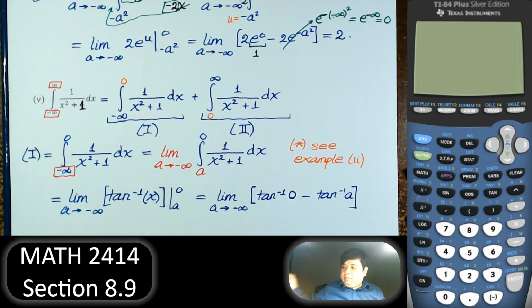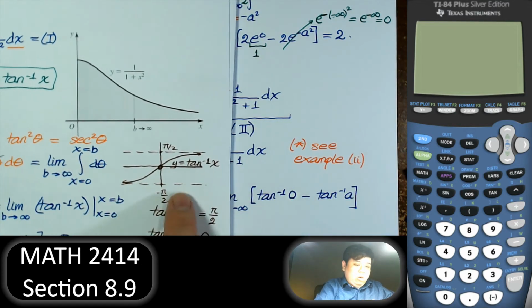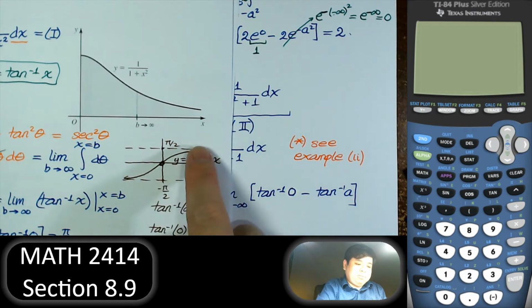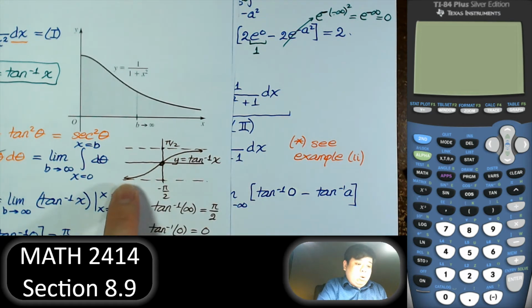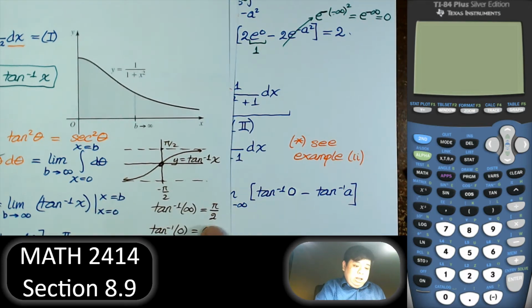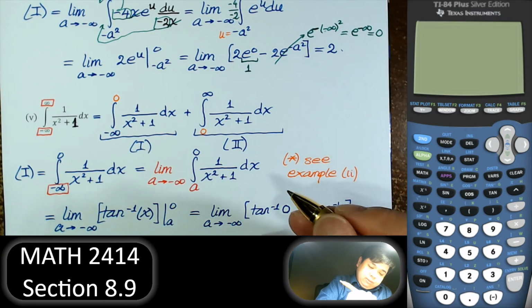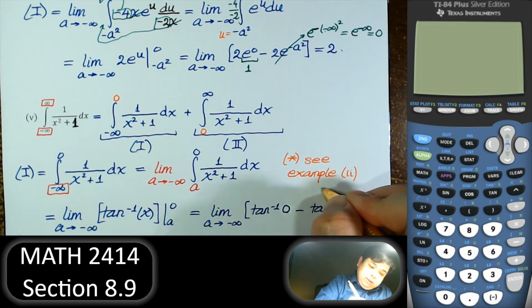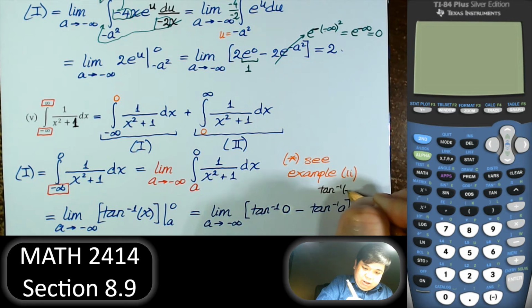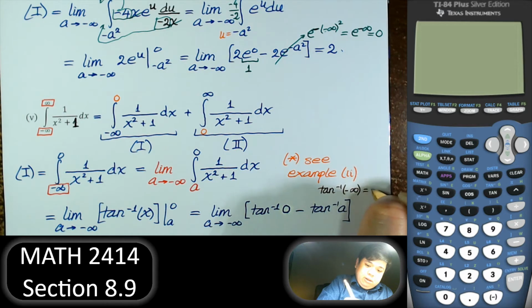Now, remember this is the graph of tangent inverse, right? When x goes to negative infinity, it goes to negative pi over 2. So tangent inverse of negative infinity is negative pi over 2.